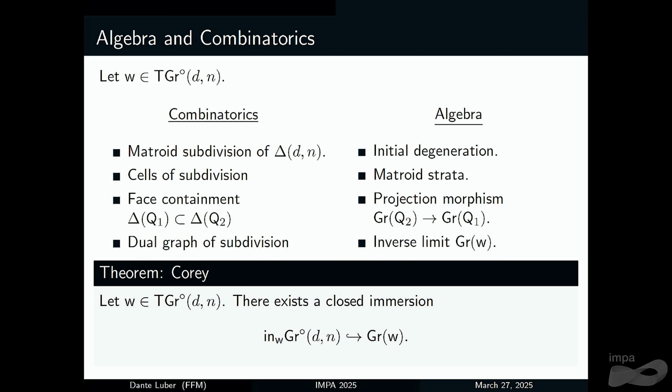The face containment of the cells in our matroid subdivision induces morphisms between the corresponding strata in the Grassmannian. And then the dual graph of the subdivision gives us a diagram to compute an inverse limit over, where the morphisms are coming from the face relations.